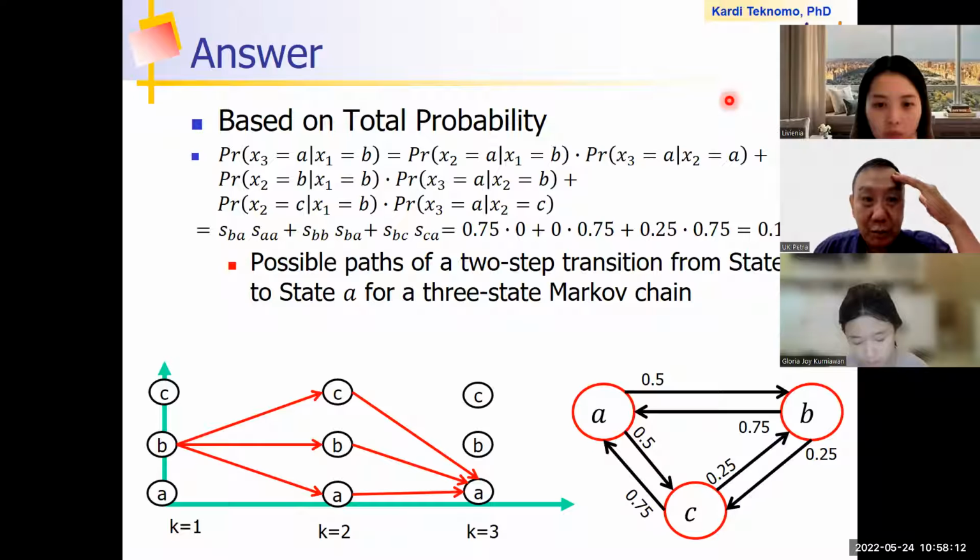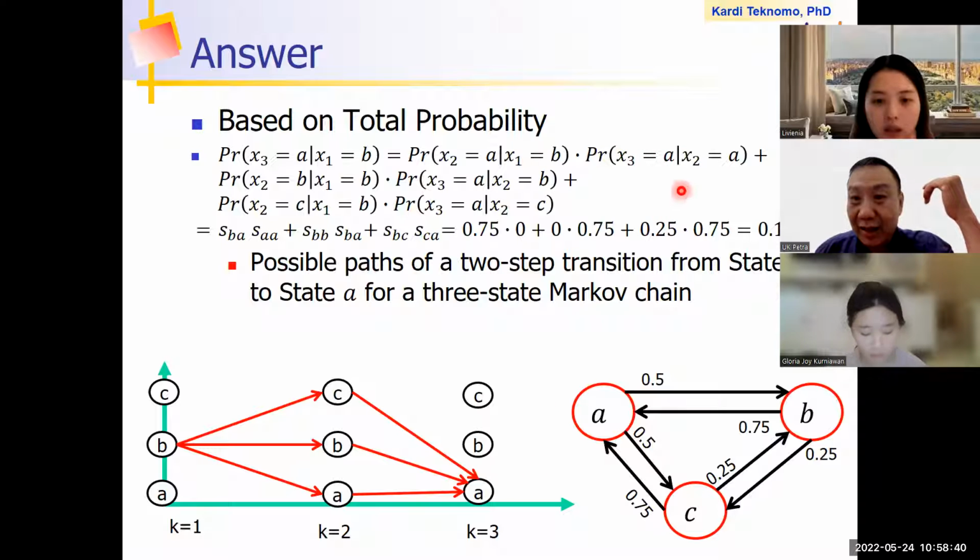So the probability that x3 is A, given that today is in B, is equal to the probability that tomorrow is in A, given that today is in B, multiplied by the probability that the day after tomorrow is in A given that tomorrow is in A. This is the path probability of this one.